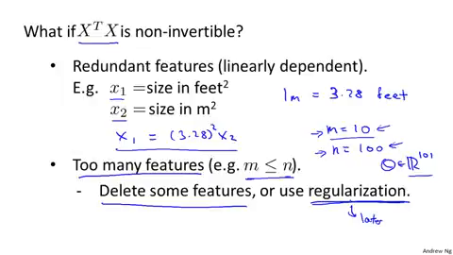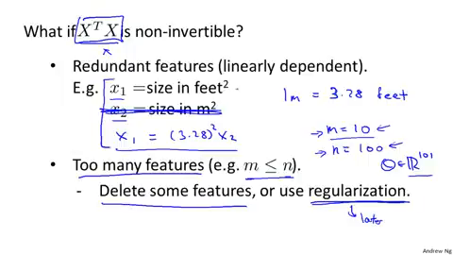To summarize, if you find that X transpose X is singular, or non-invertible, what I would recommend is first looking at your features and seeing if you have redundant features, like x1 and x2 being linearly dependent, a linear function of each other. If you do have redundant features, just delete one of them, since you really don't need both. That would solve your non-invertibility problem.